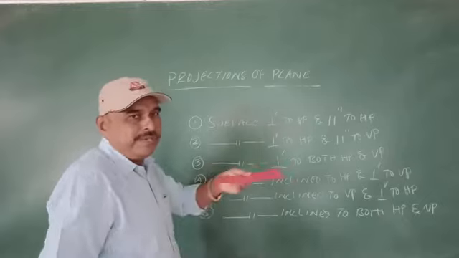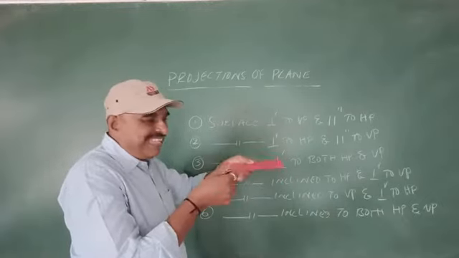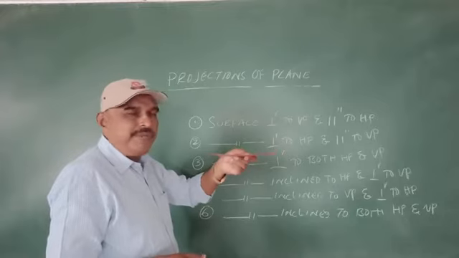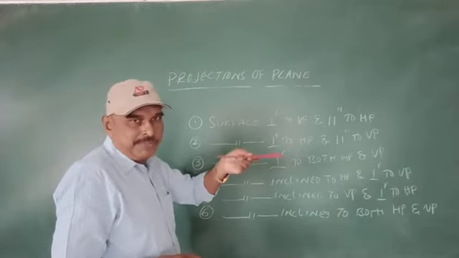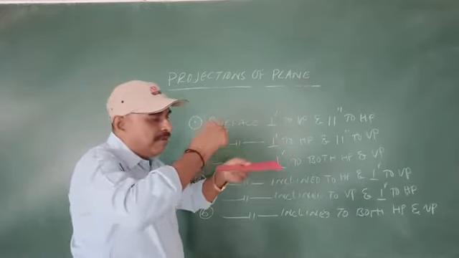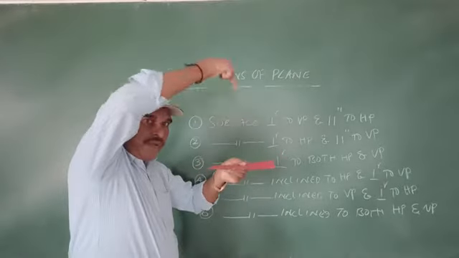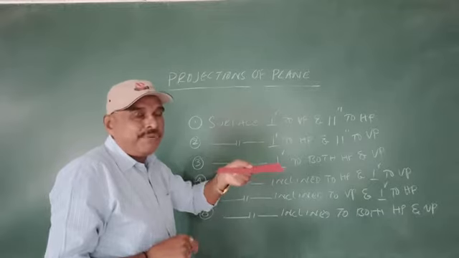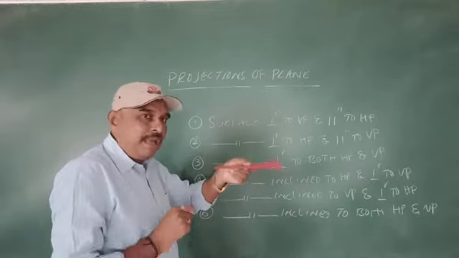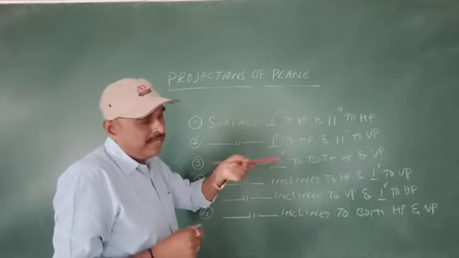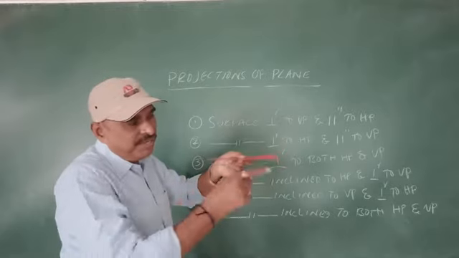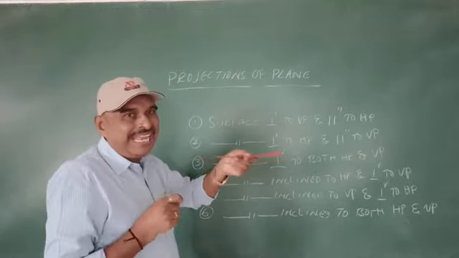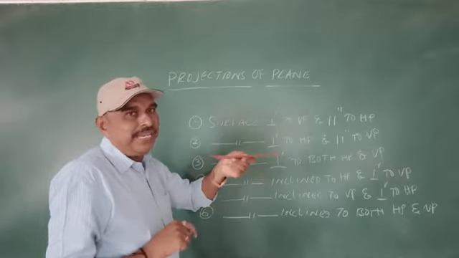Already you know it. So now in this case, when the surface is perpendicular to VP and parallel to HP, if you observe from the top, you can see the true shape of the object. If you observe from the front, you can see only the thickness, only a line, but you cannot see the true shape.